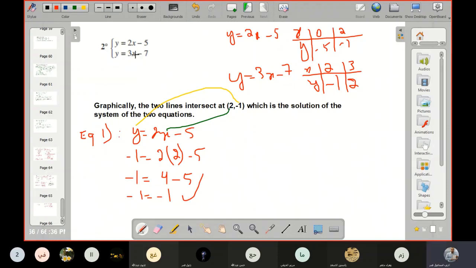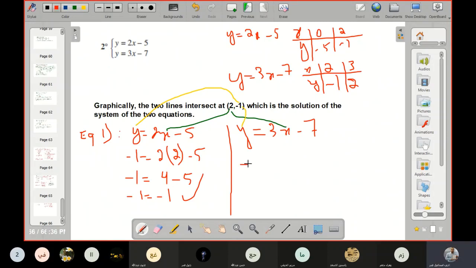Let's check if this point also belongs to the other line, and this is how we verify if this point is the point of intersection. In the next equation, y equal 3x minus 7. Also, instead of x, we put 2, and instead of y, we put -1, and we check.